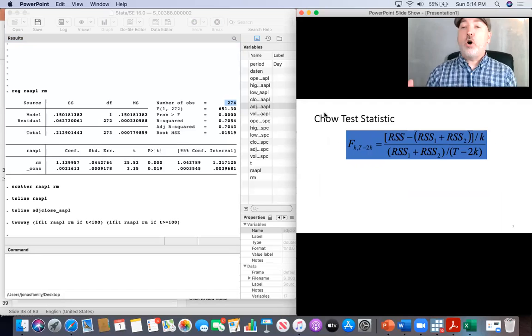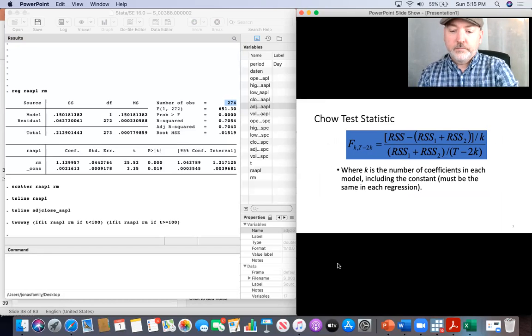So now we've got all the ingredients for our Chow F-statistic, and it's going to look something like this. The key component of it is going to be this numerator term, right? The difference between the sum of squares under the case of no break versus with a break.